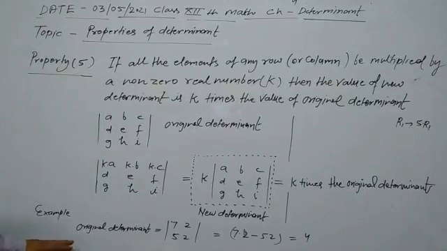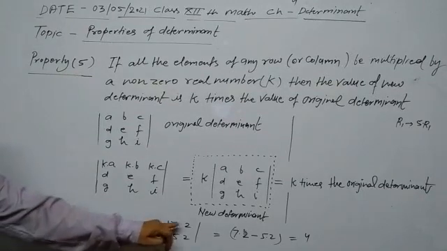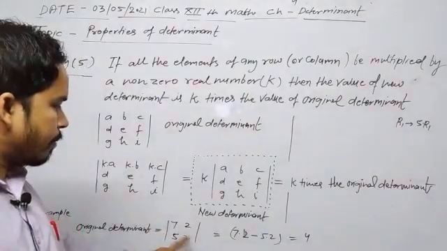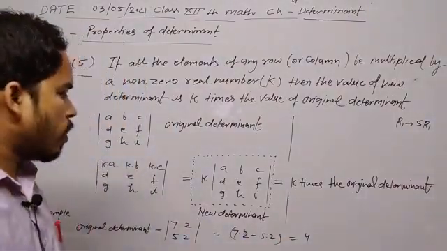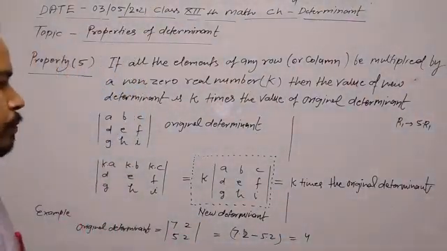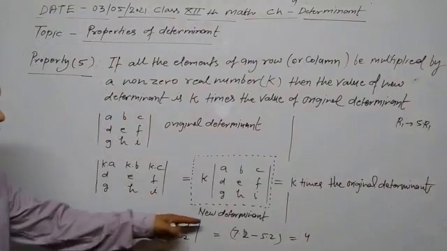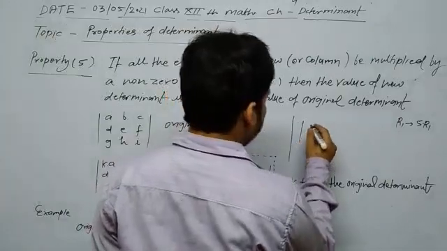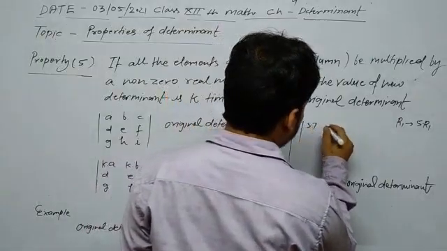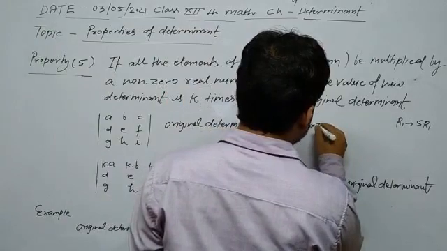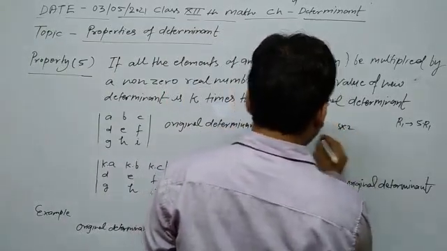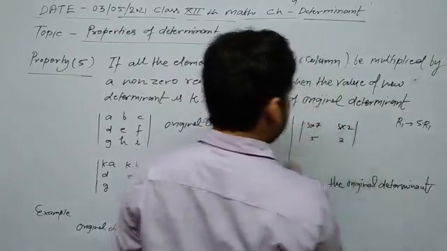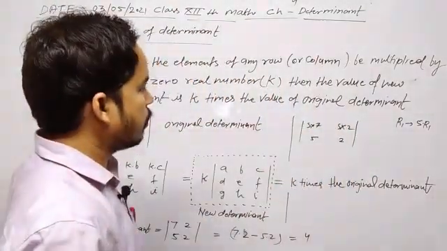Now see the example. Let us consider the original determinant is 7 2 / 5 2, and when you solve its value, 7 times 2 is 14 minus 10, the result will be 4. So consider R1 multiplied by 5. Every element of R1 is multiplied by 5: 5 times 7 and 5 times 2.